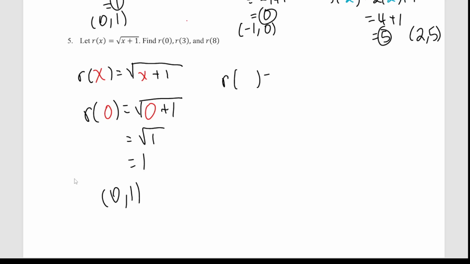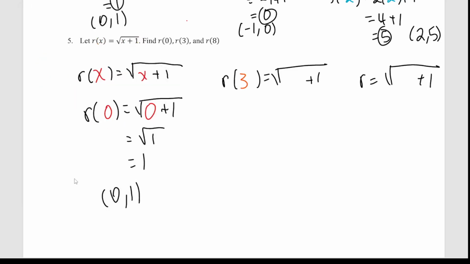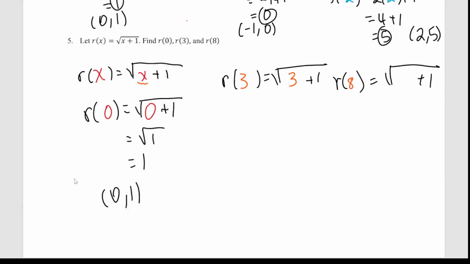For the next ones, we again want to do a similar sort of process. So if we're evaluating r of 3, that means everywhere we see an x, we'll replace it with 3. If we're evaluating r of 8, that means everywhere we see an x, we replace it with an 8.